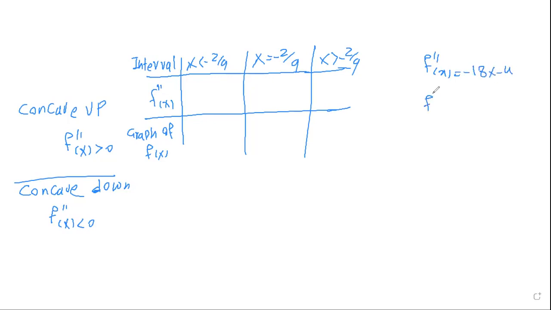What is f''(-1), for example? 2/9 is 2 divided by 9, which is 0.22.